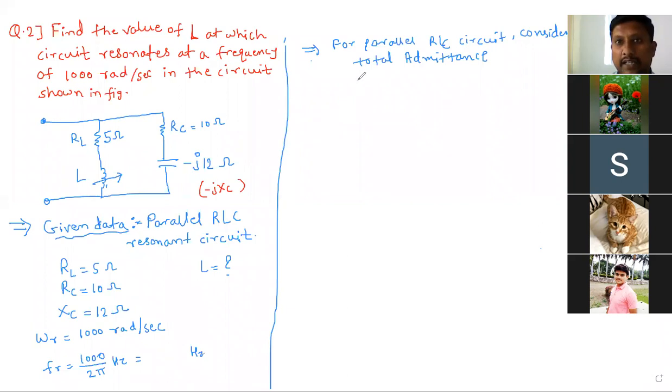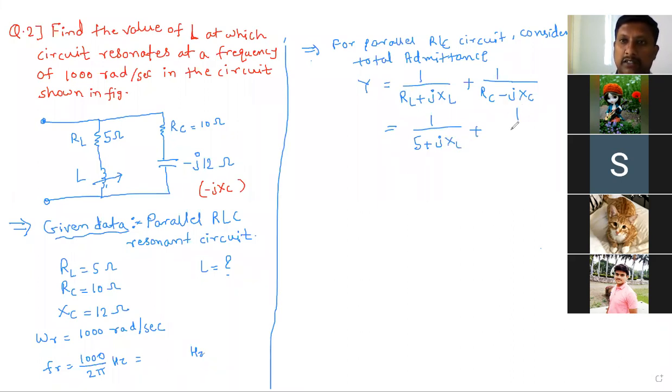So total admittance Y is equal to 1 upon this reactance, you can add, that is RL plus JXL. Next addition, this reactance you can consider: 1 upon RC minus JXC. Minus JXC by default. So put the values: 1 upon RL, which is 5, plus JXL as it is, plus 1 upon RC means what?